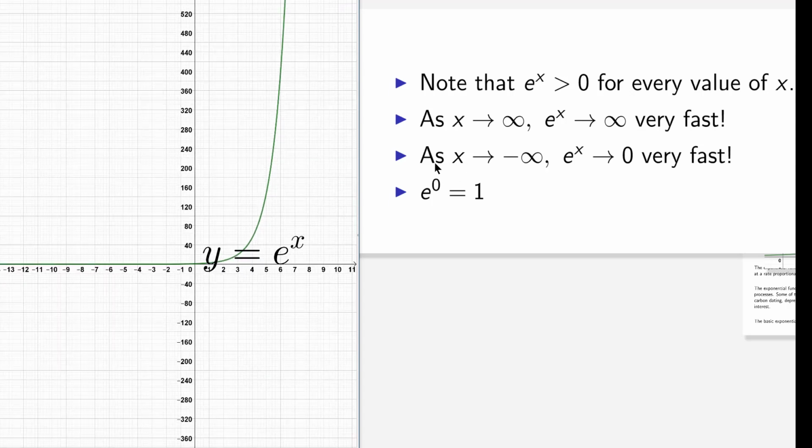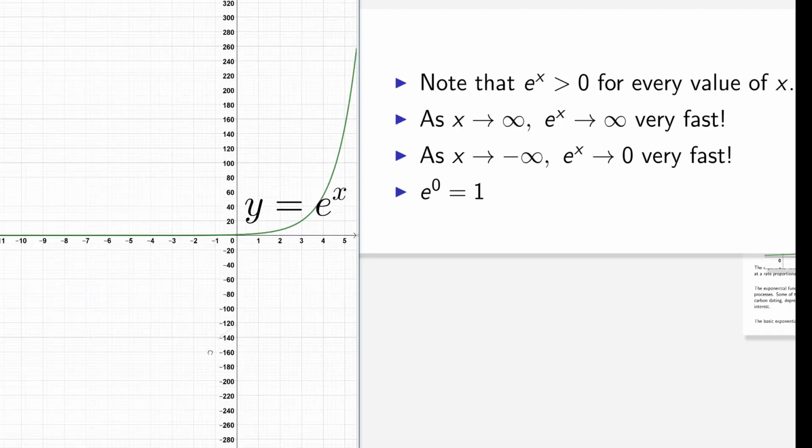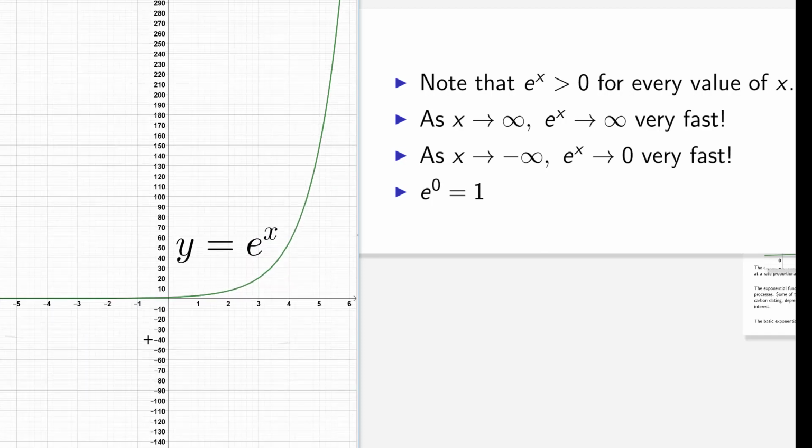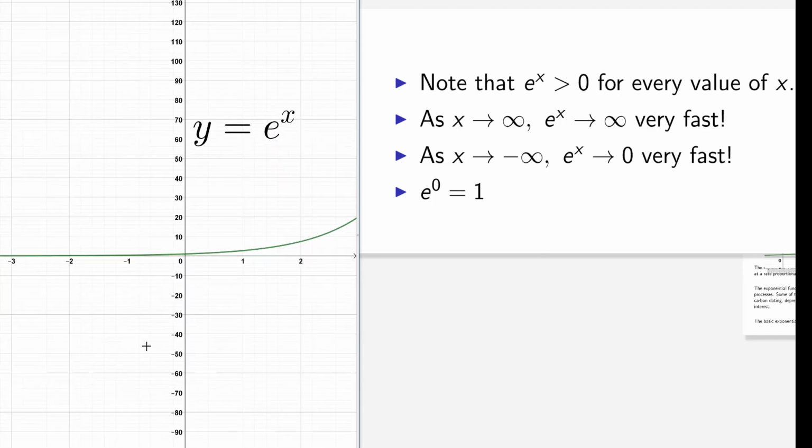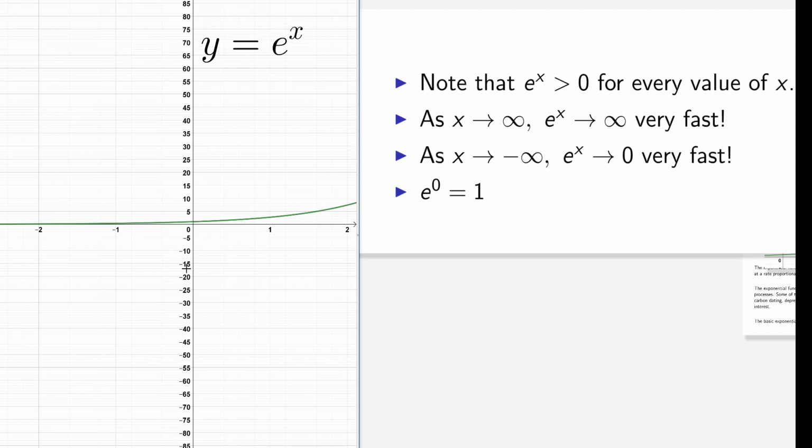Then the next property, as x approaches minus infinity, the exponential function approaches 0. It approaches 0, but it will always be greater than 0. It gets very close to 0, as you can see here. As you go through negative values of x, if we zoom in here, we can see that the exponential function itself gets close to 0, but it never actually touches 0.